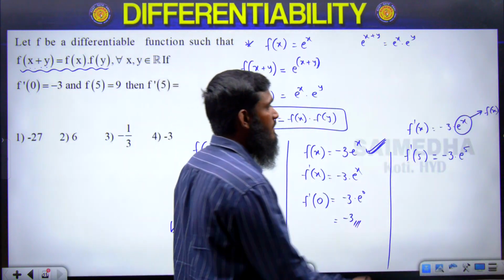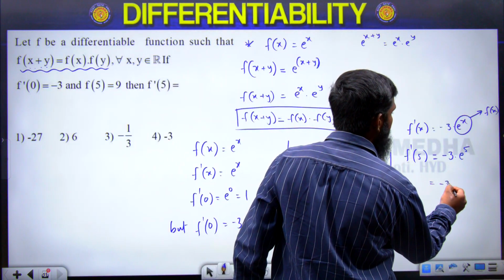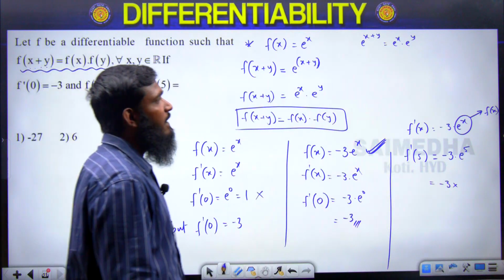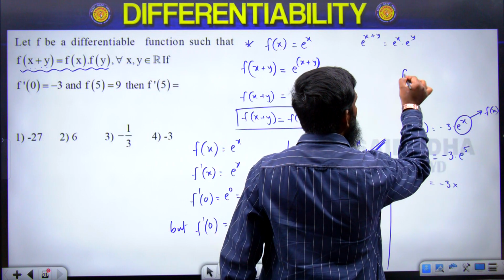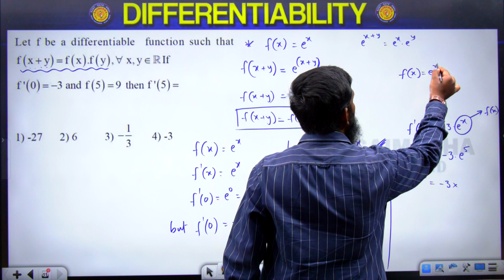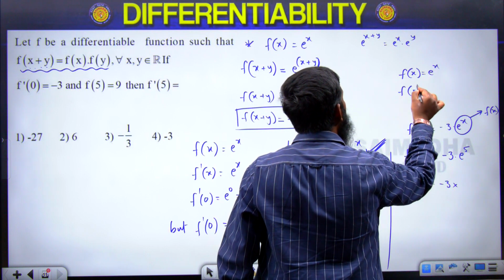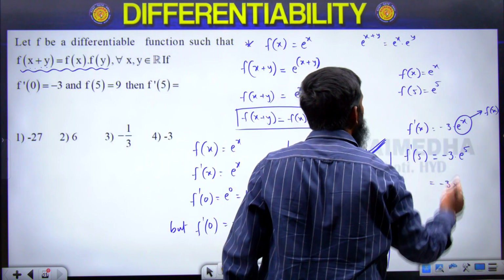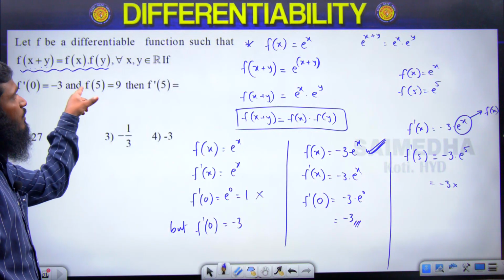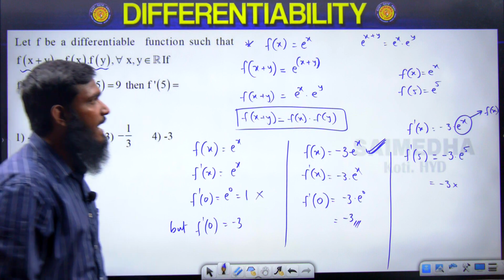Now listen here carefully. We have written the -3 as it is. Now what is the value of e^π? As we have taken f(x) equal to e^x, f(π) is equal to e^π, yes or no? And f(π) is given as 9.